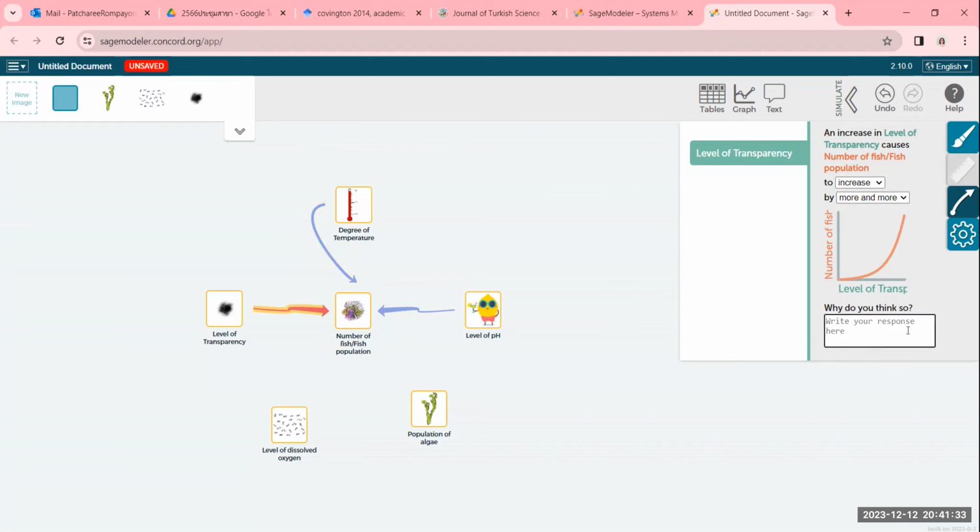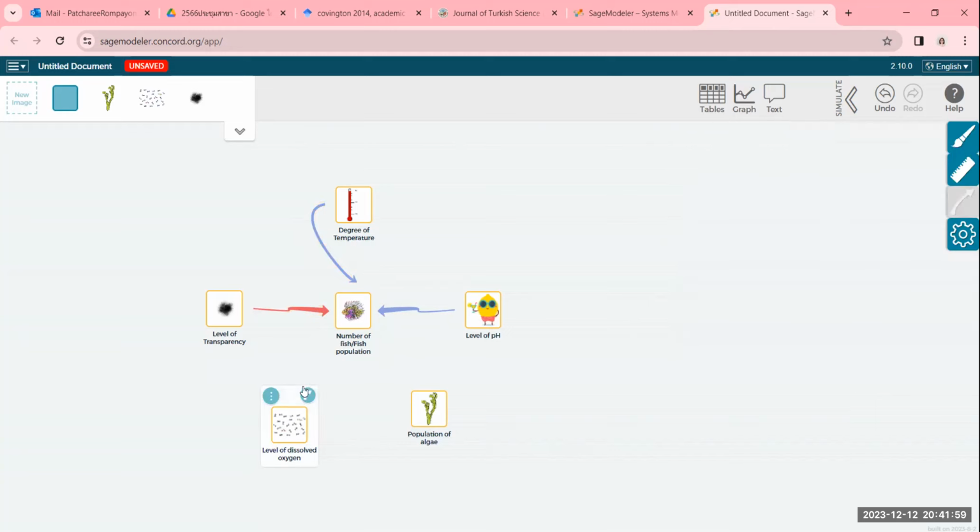More clear, more fish. Really? In my opinion, more clear, and then it's easier for me to catch the fish. More fish. Okay. Next one. Clearer, then easier to catch the fish.